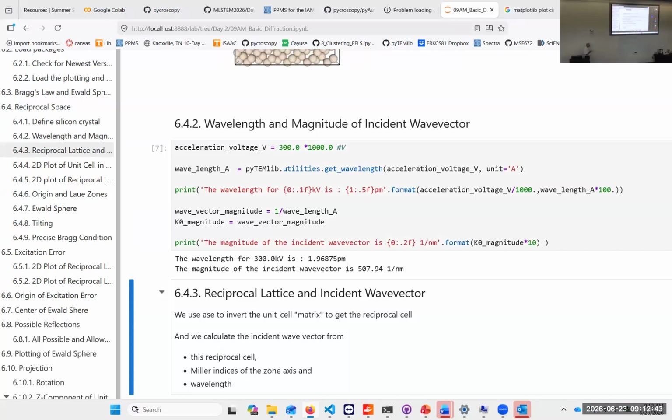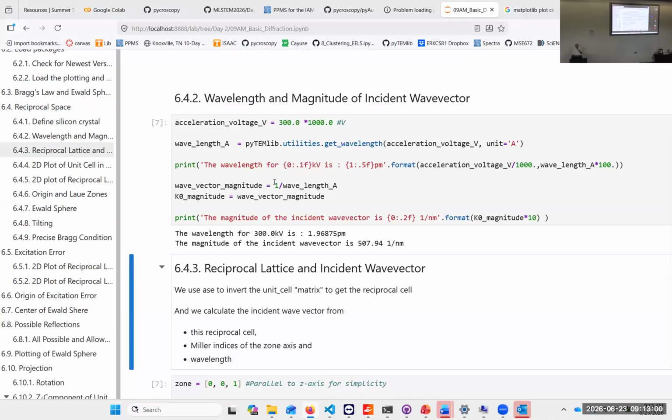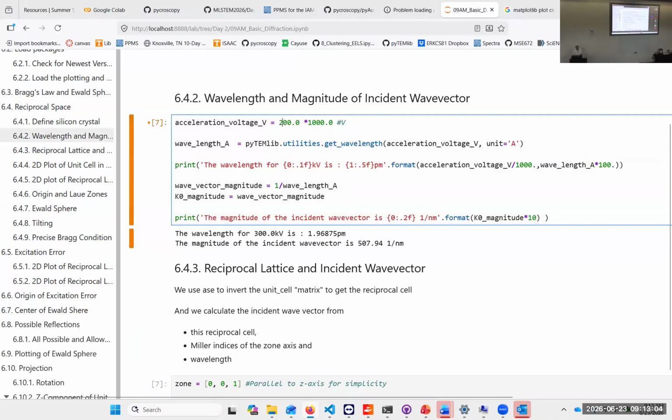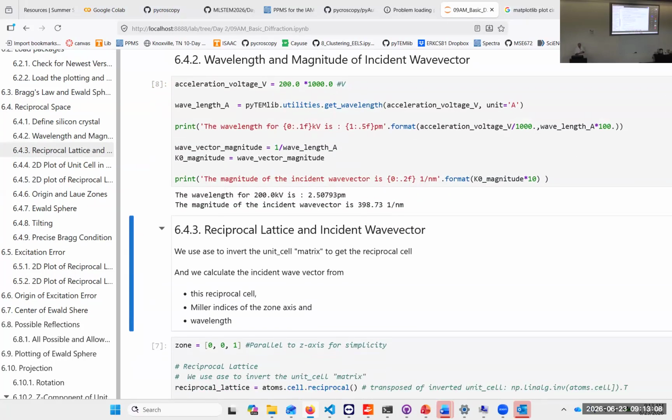This wavelength has to be relativistically corrected. Otherwise, classically we would have a speed faster than the speed of light, so that would not work, right? So we have this relativistic correction in here.